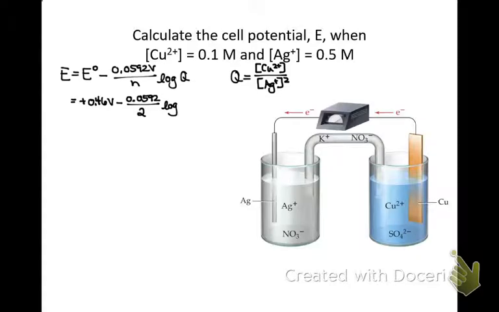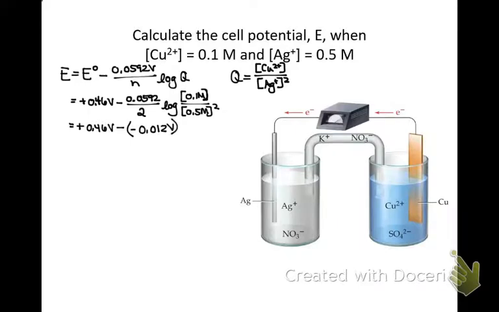So we can put that into our reaction where the copper ions are 0.1 molar and the silver ions are 0.5 molar squared. Okay, so when I do that, I get 0.46 volts minus, and then this whole term comes out to be negative 0.012 volts.